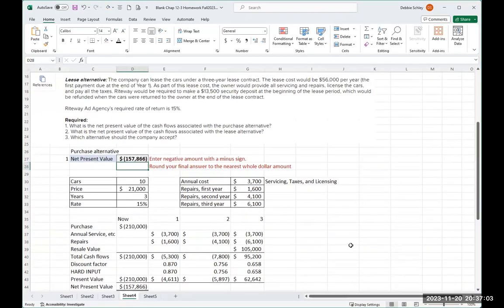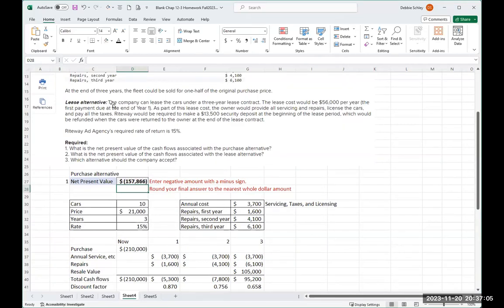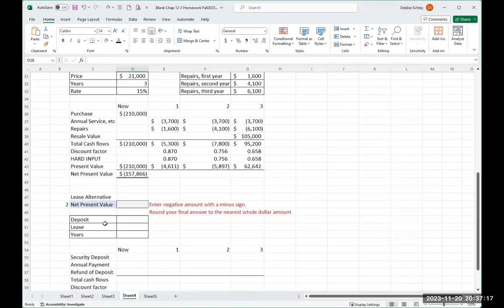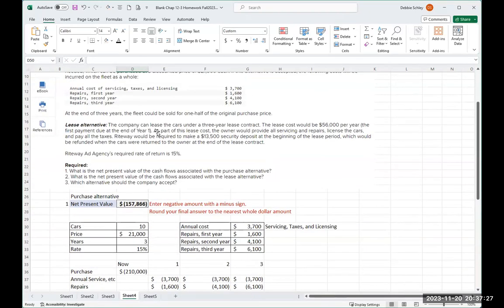Lease alternative. What's my information here? Required 2. The company can lease cars under a 3-year lease contract. The lease cost would be $56,000 per year. So the cost is $56,000 per year for 3 years. The first payment is due at the end of year 1.